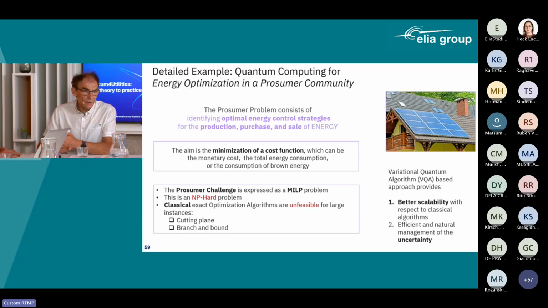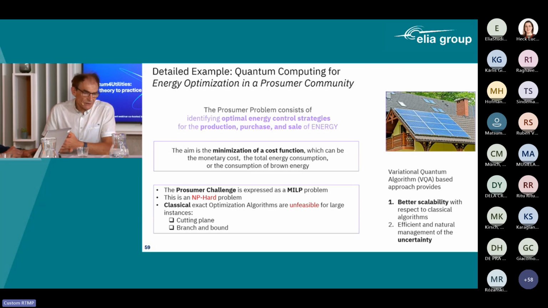First of all, the prosumer is, of course, a word that is a combination of producer and consumer of solar energy. We all are becoming prosumers, and that is, of course, a challenge for the energy and utility sector or the energy sector. How can you, let's say, optimize your energy strategy for the production, purchase, and sale of this energy?